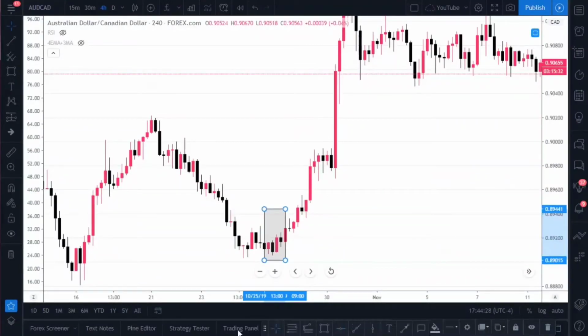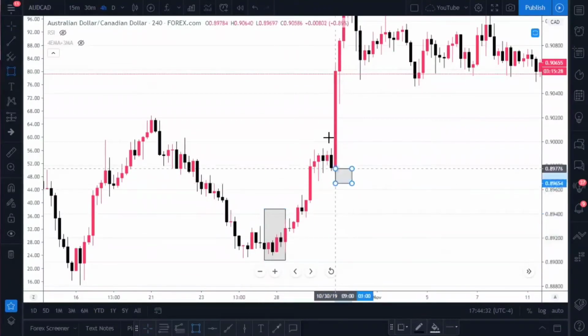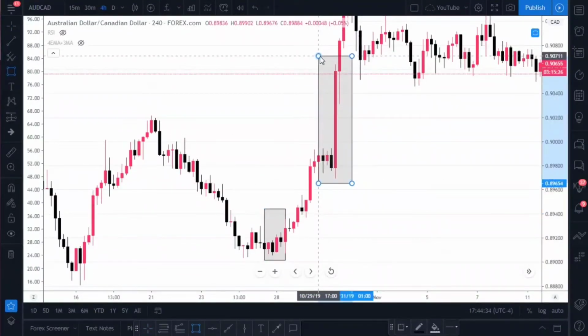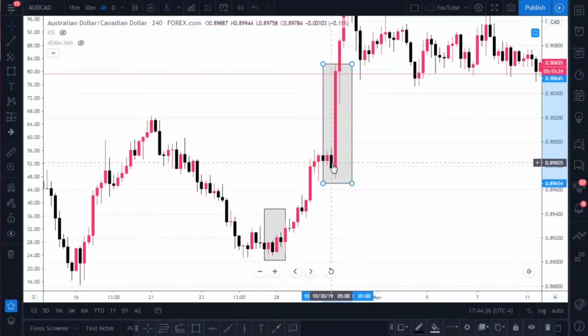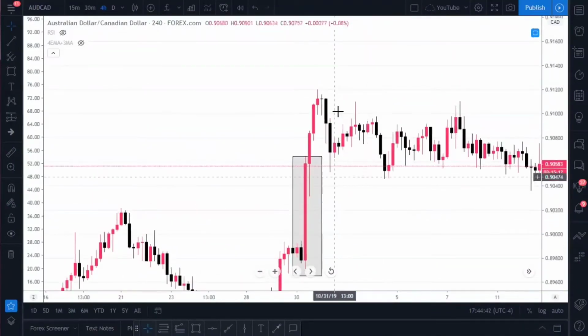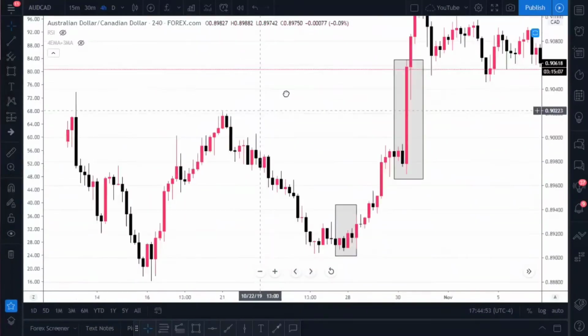So like I said, buyers said, hey, we are here, we mean business, because this is a huge candle, right? So small sell candle, very large buy candle, strong push to the upside. That gave us a great indication that the trend wanted to continue. So that is our bullish example.